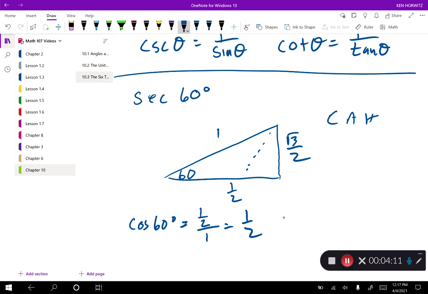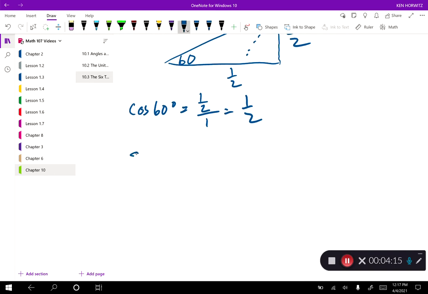And since the secant is the reciprocal of the cosine, the secant of 60 degrees equals 2. All right, so again, once you have the sine and cosine, you can get any specified trig function, or I could open up the question and say, find all 6 trig functions, and you should be able to do it.